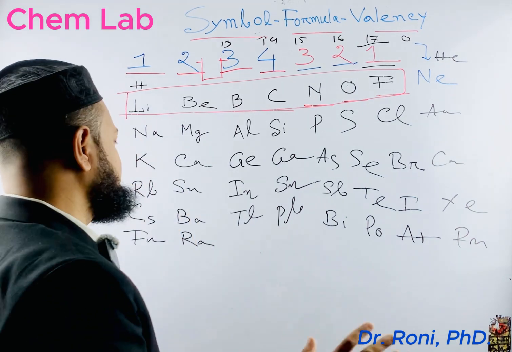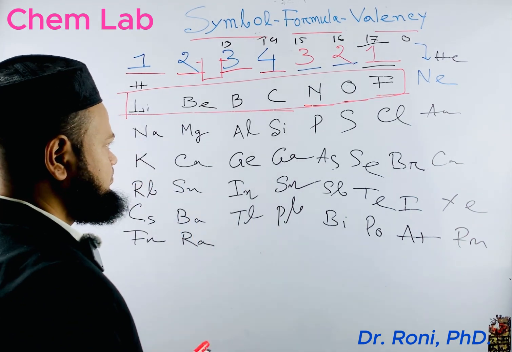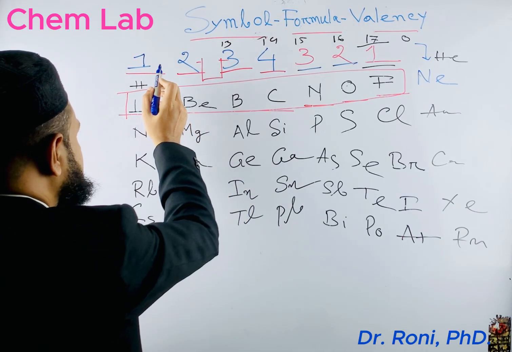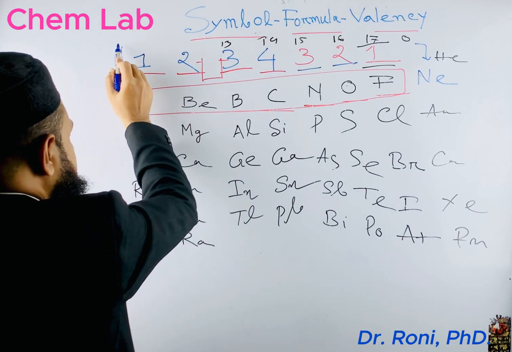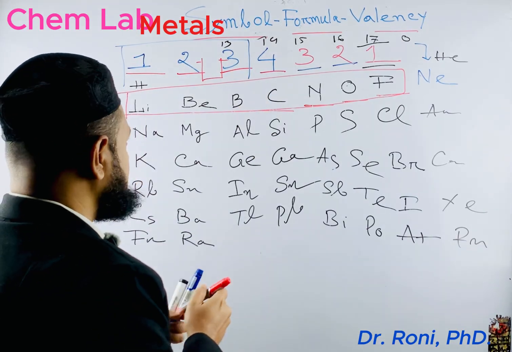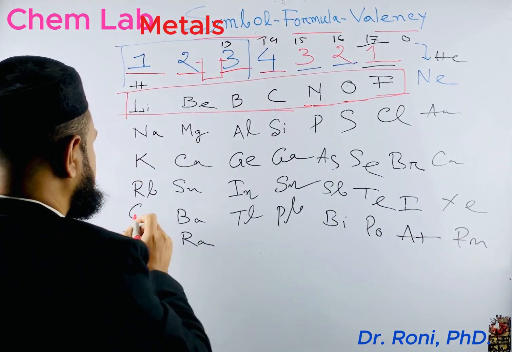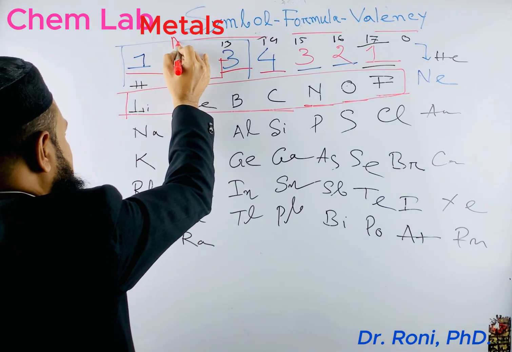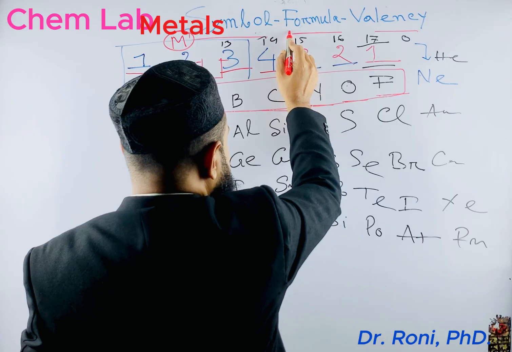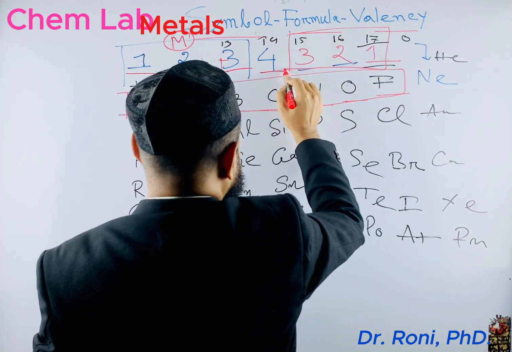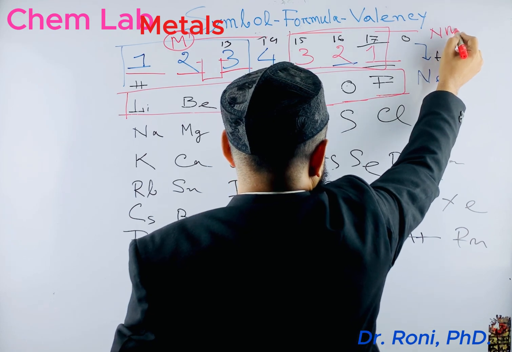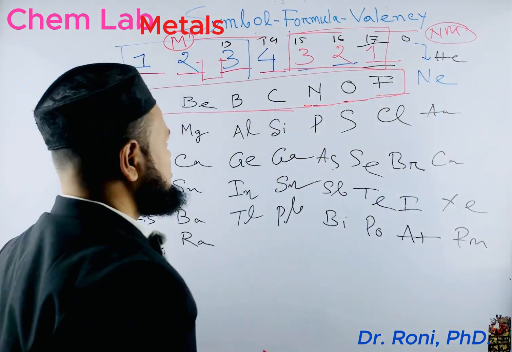Mostly you will find these 1, 2, 3 groups are the metals. And the rest of the 3, these are the non-metals.